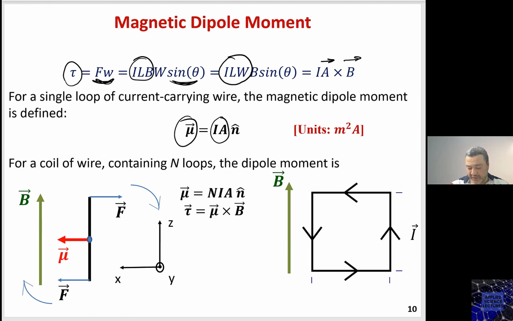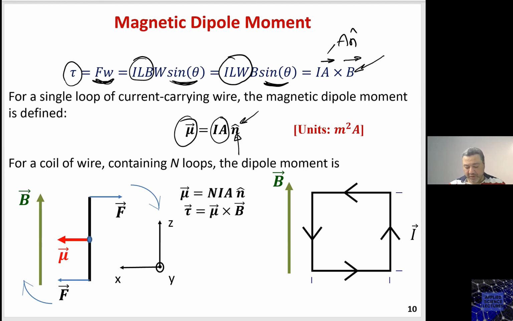Where n is the unit vector that is perpendicular to that loop. So here my theta is the angle between the n and the magnetic field. So again, this A is A n hat.